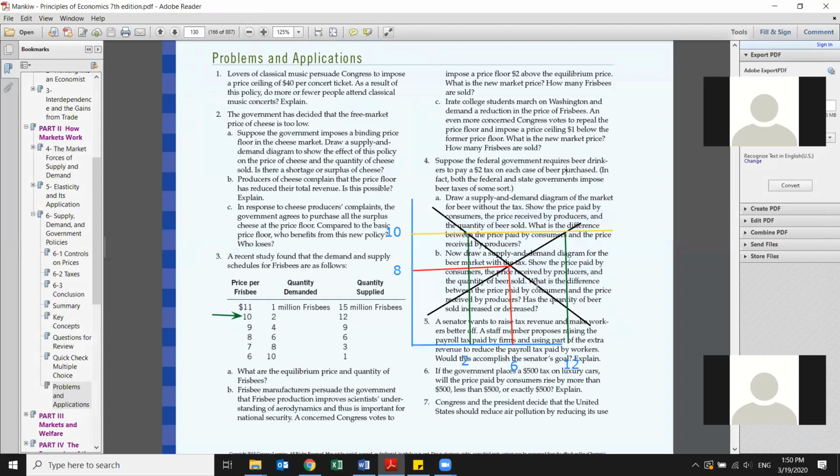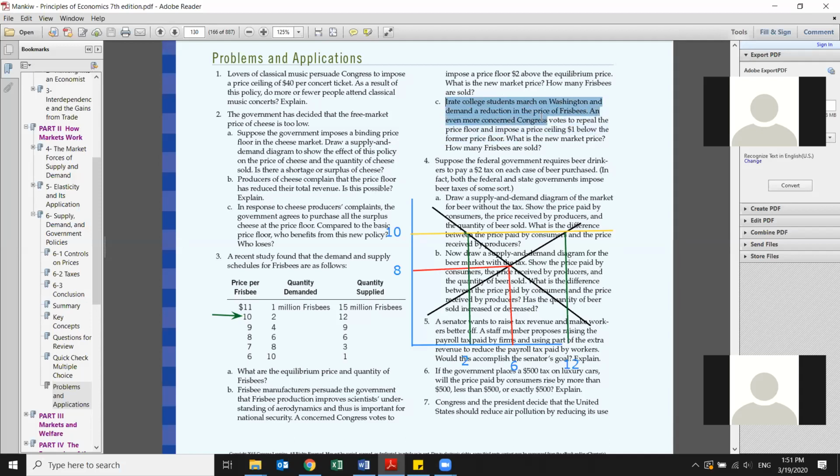Shall I give you a hint for question 3, part C, sorry? Look, it says a price ceiling, not a price floor. College students, Washington, and a demand reduction in the price of frisbees.